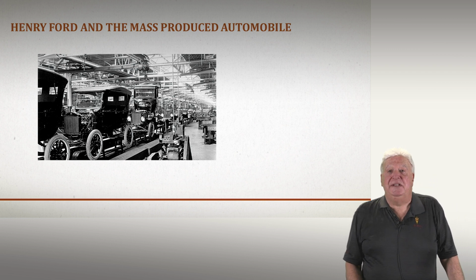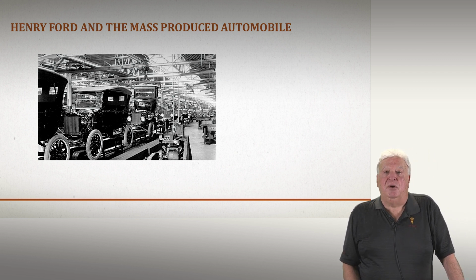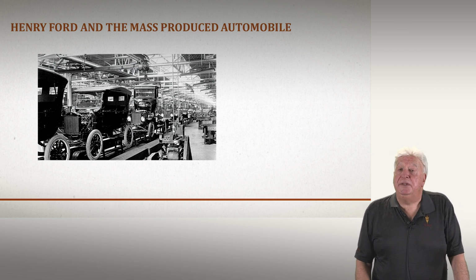Henry Ford, of course, continued in the automobile business, and in 1903 formed the Ford Motor Company. He developed the first mass-produced car, called the Model N, which he brought out in 1906. This was followed by the more famous Model T in 1908.